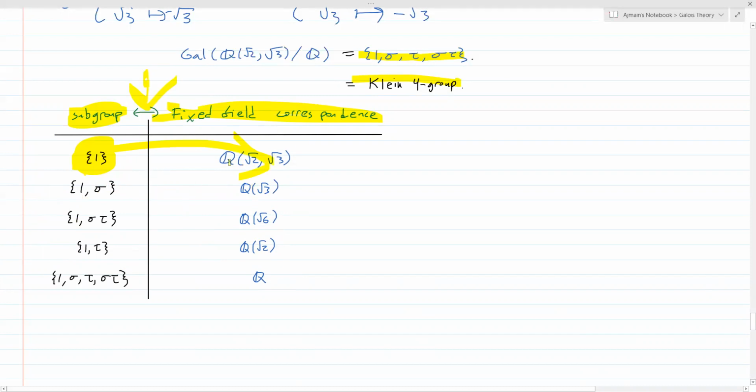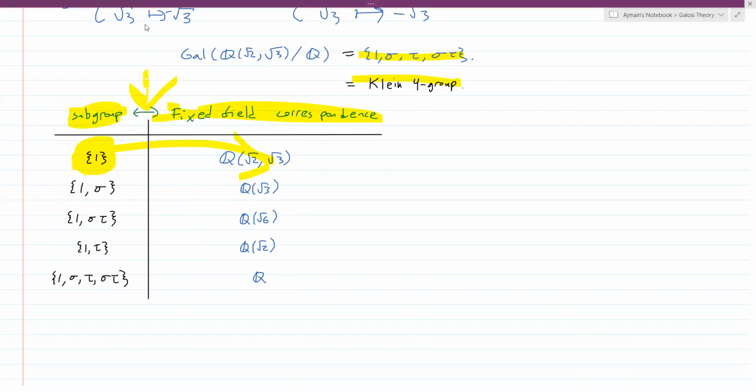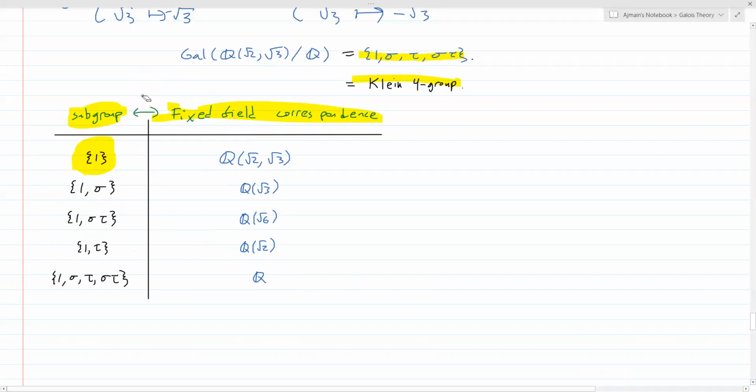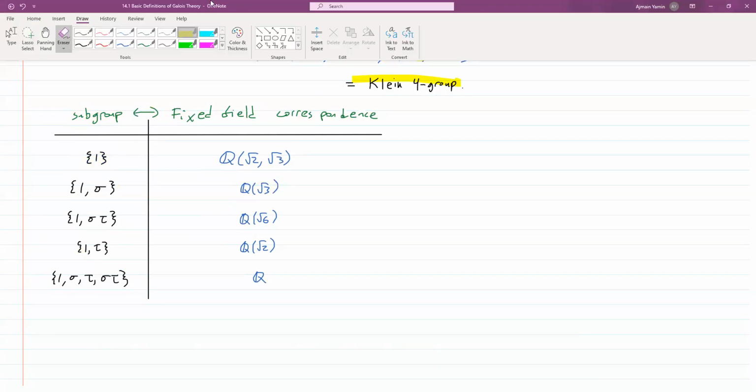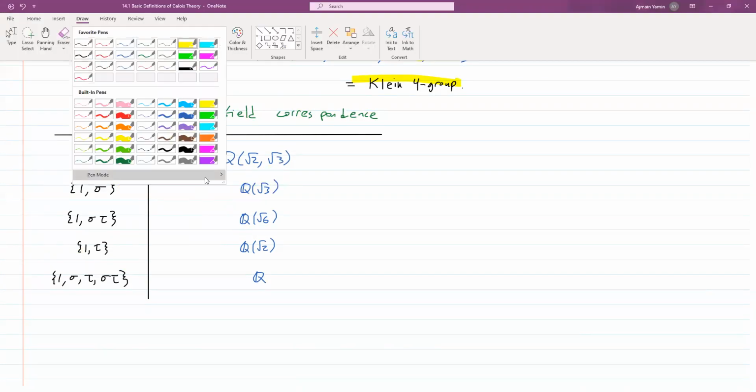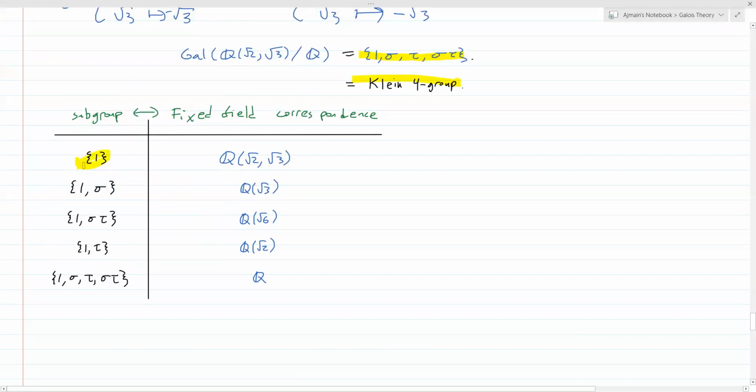We can actually see in this example straight away where these fixed fields are coming from, because the automorphisms are so simple to look at. So let's try to see this. The identity fixes everything, so the fixed field is everything, always.